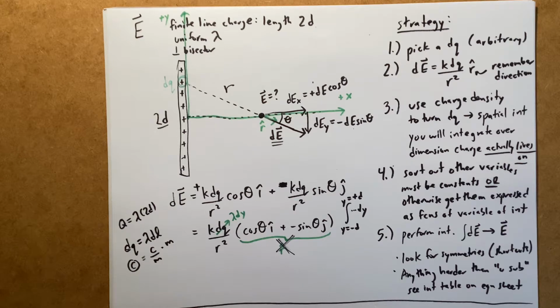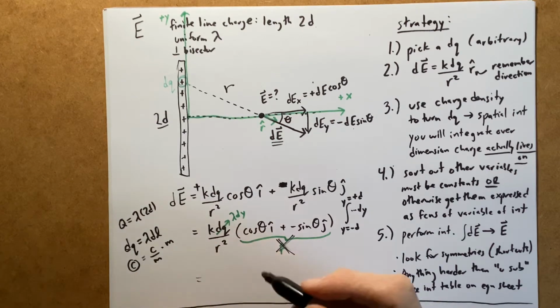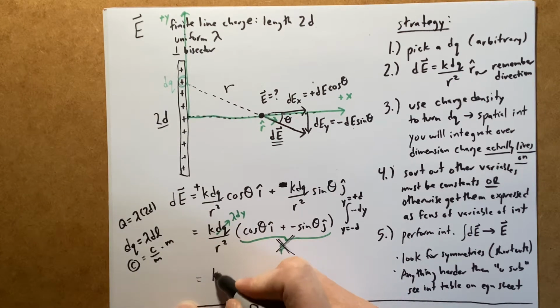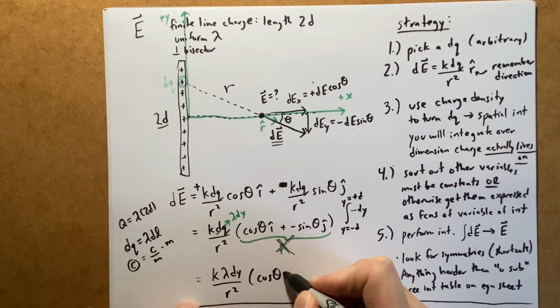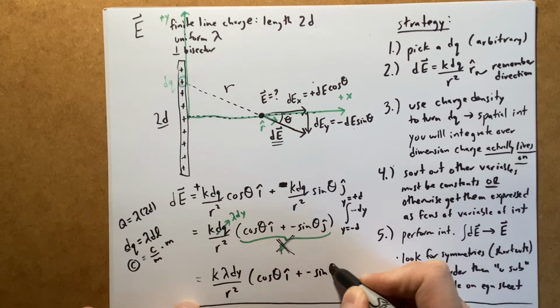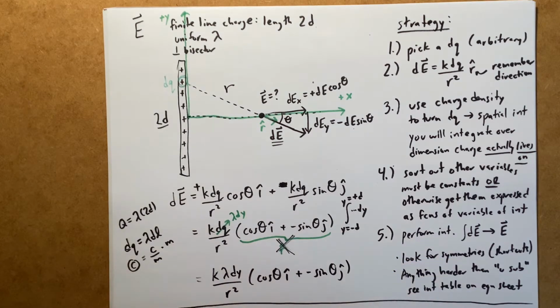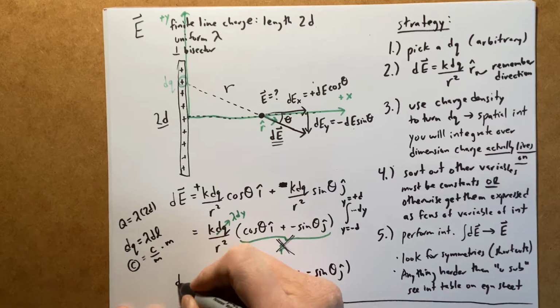You're just going to integrate over where the charge actually sits. Okay, so let's see where that gets us. I'm going to copy this down a little bit more cleanly here: k lambda dy over r squared, cosine of theta i hat minus sine of theta j hat. And the next thing we need to do is a kind of sorting out of variables.